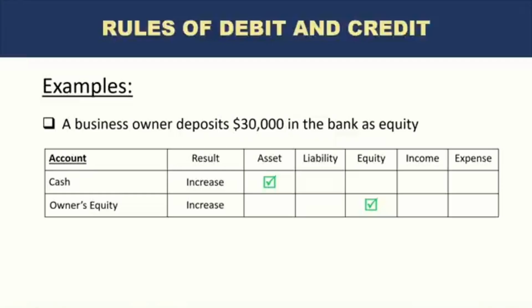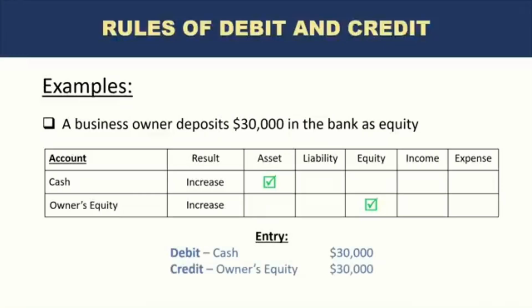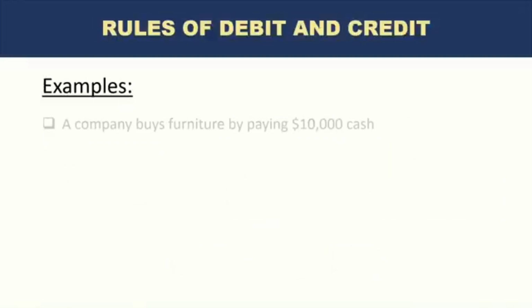We know that when asset is increased, there is a debit, and when equity is increased, there is a credit. Remember, assets and expenses, debit when increased, everything else, credit when increased. So the accounting entry would be debit cash, 30,000, credit owner's equity, 30,000. Okay. So this was the first entry. Let's go to the next one.